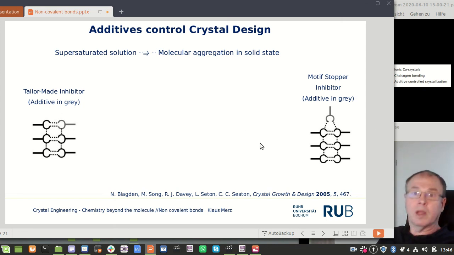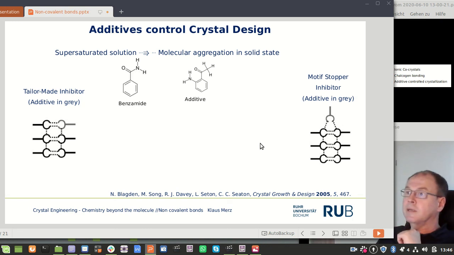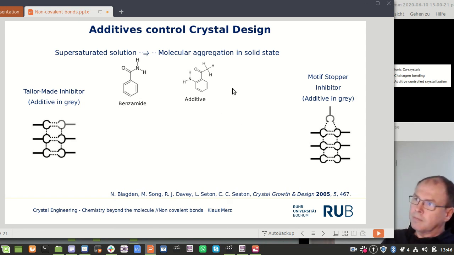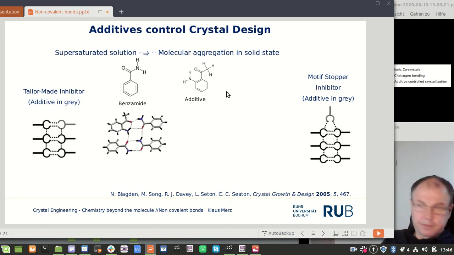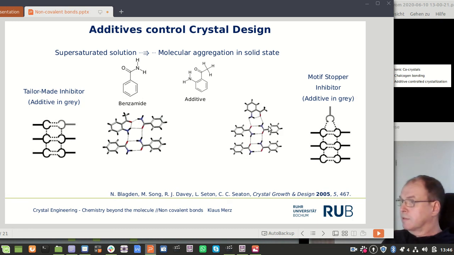You see it here. So in this direction, it cannot go here on the top. And he has shown very nicely in a study of the crystallization of benzamide, looking at the polymorphism of benzamide in the presence of an additive. You see it here. So it's similar, but not exactly the same. And here you see it, tailor-made inhibitor. Okay, yeah, you see it here. And also you see it here, motif stopper inhibitor.